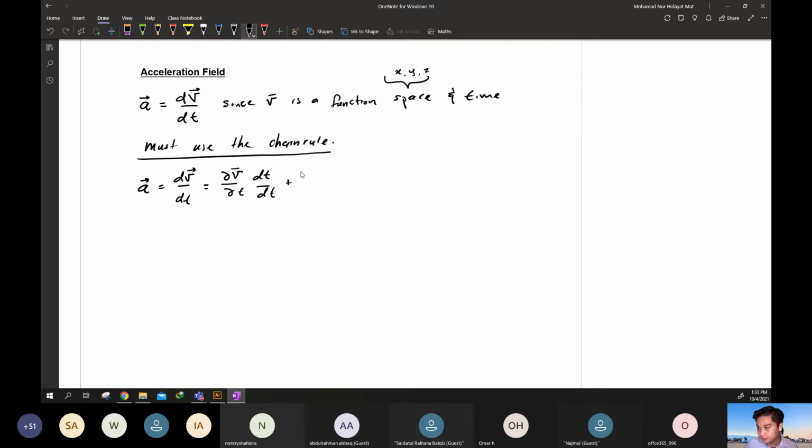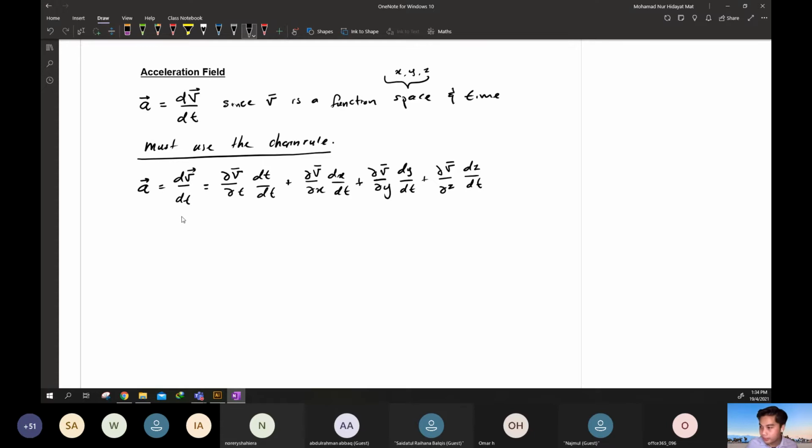Plus the partial derivative of v with respect to the partial derivative of x, times dx over dt, plus the partial derivative of v over the partial derivative of y, times dy over dt. Remember, this is what we show in terms of coordinates. And finally, the partial derivative of v over the partial derivative of z, times dz over dt.